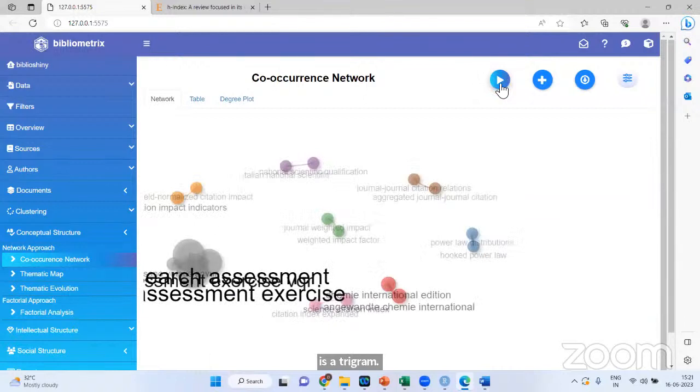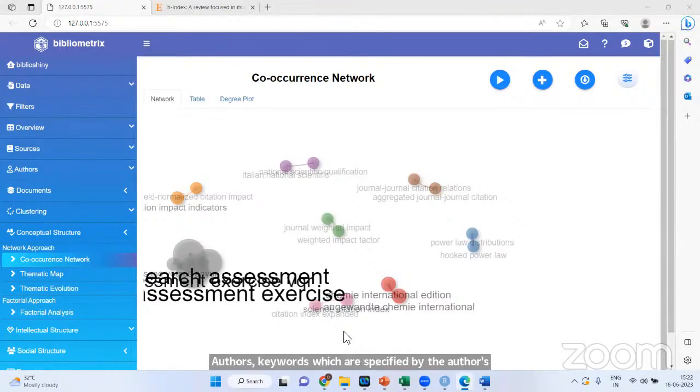Done? Got it, all of you? Author's keywords are those specified by the authors, and keywords plus are the frequently occurring words according to the software.